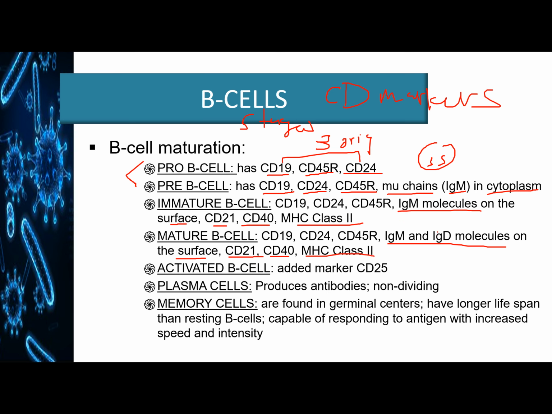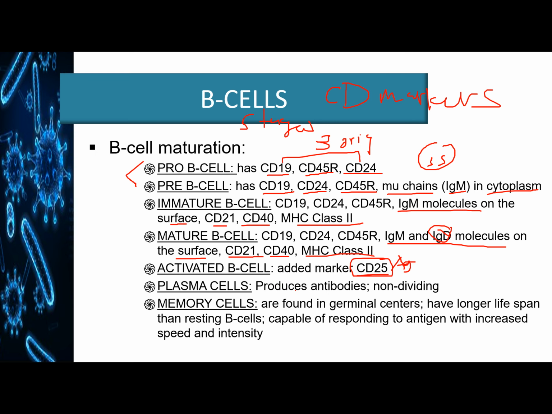So, sa immature, class, wala pang IgD. Pero sa mature, nagkaroon na ng IgD. Then, activated B cell would have the addition of the marker CD25. So, kapag naka-encounter din siya ng antigen, class, magkakaroon ng CD25.